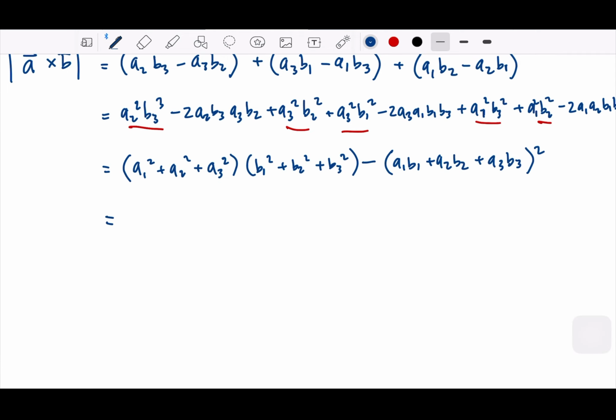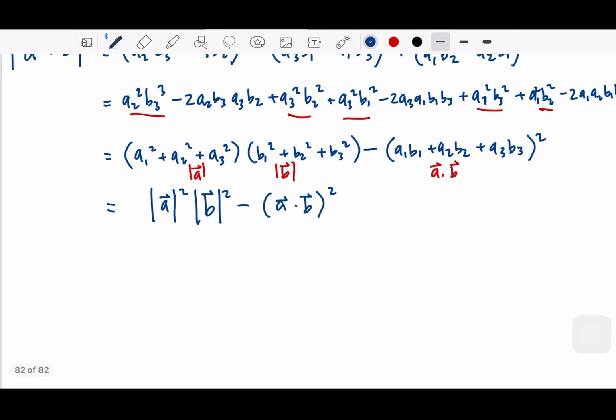And now from here, this will result in the magnitude of a squared, the magnitude of b squared, and minus, this one is the dot product of a and b squared.